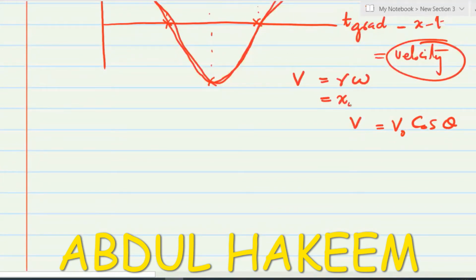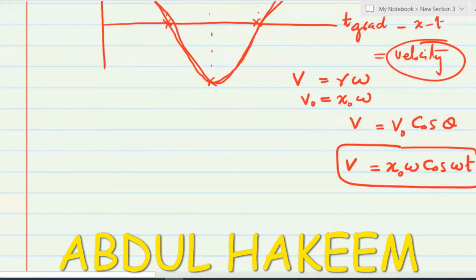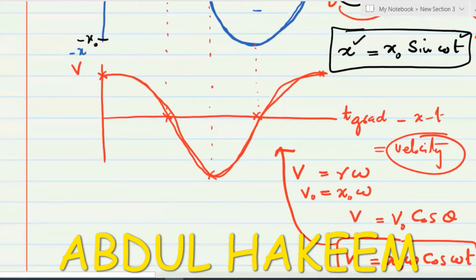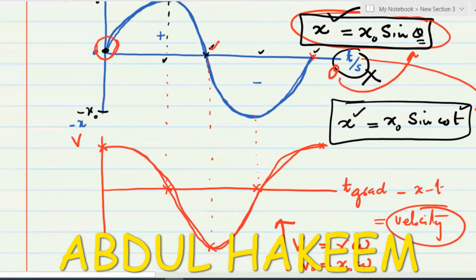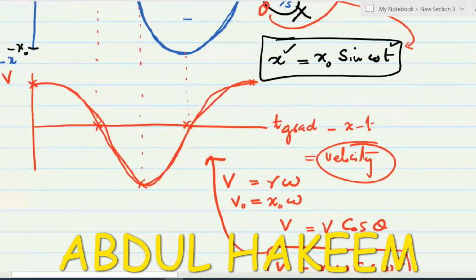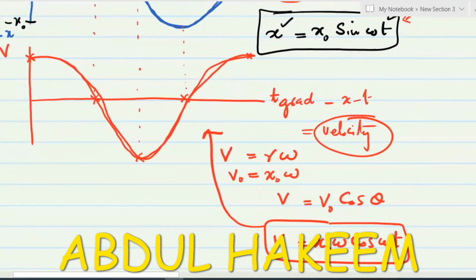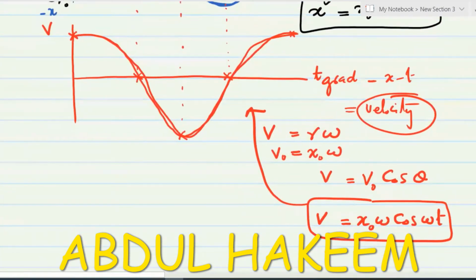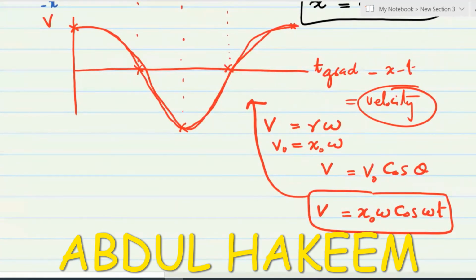Here r is x naught, omega, so we can replace v naught with x naught omega. So v is equal to x naught omega cos omega t. So this is the graph for velocity against time. The first, x is equal to x naught sine omega t, and the second, v is equal to v naught cos omega t. So two graphs, one for displacement, other for velocity.